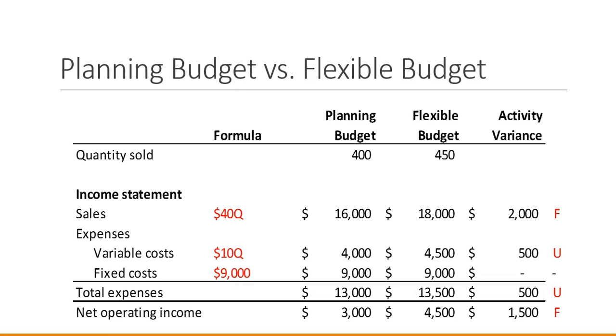We don't want expenses to go up, so we consider this unfavorable, described as U. Fixed costs are the same in both cases, because no matter how many units we budget, fixed costs in the budget won't change, so there is no difference for fixed costs. Our total expenses are $500 higher than planned, which is unfavorable, and our net operating income is $1,500 higher than planned. We like net operating income, so that increase is favorable.